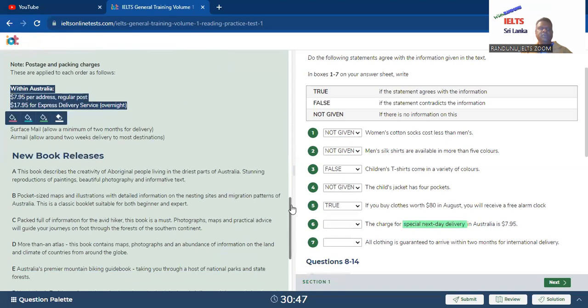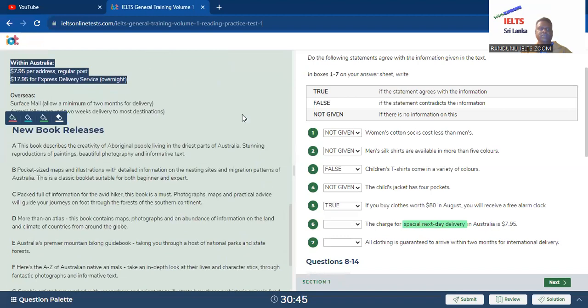By reading this, you can decide the answer. So you are telling the answer is false. Do any of you have another answer than false?